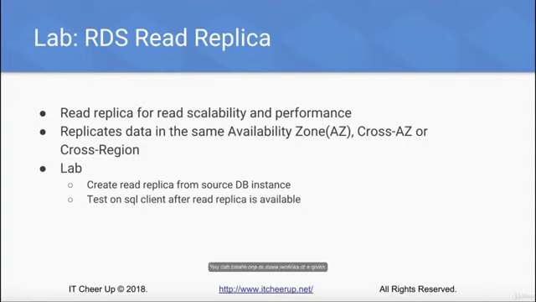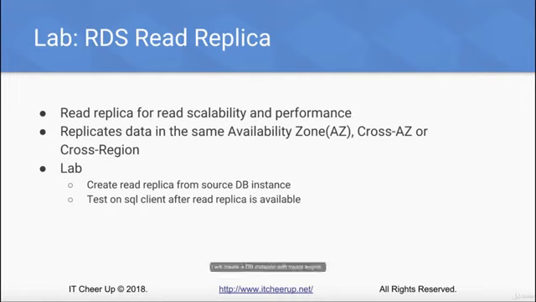You can create one or more replicas of a given source DB instance in the same availability zone, cross-AZ, or cross-region. In this laboratory, we will create a read replica from the SourceDB instance. Then we will test it on the SQL client after the read replica is available.